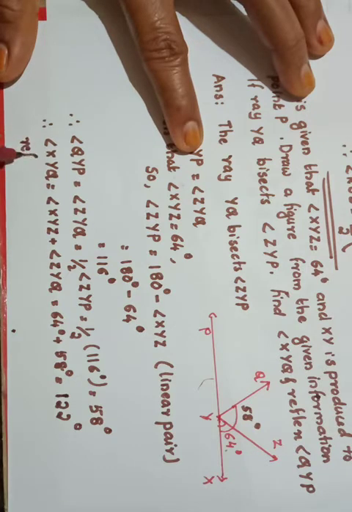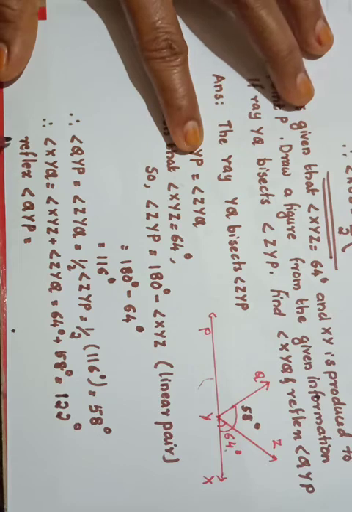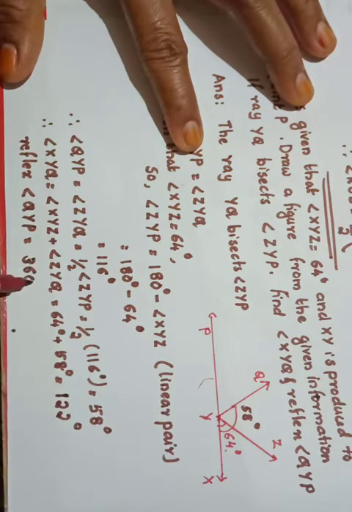Now we want to find reflex angle QYP. Whenever you see the word reflex, or to find the measure of any reflex angle, you write 360 minus the measure of QYP. What is measure of QYP?